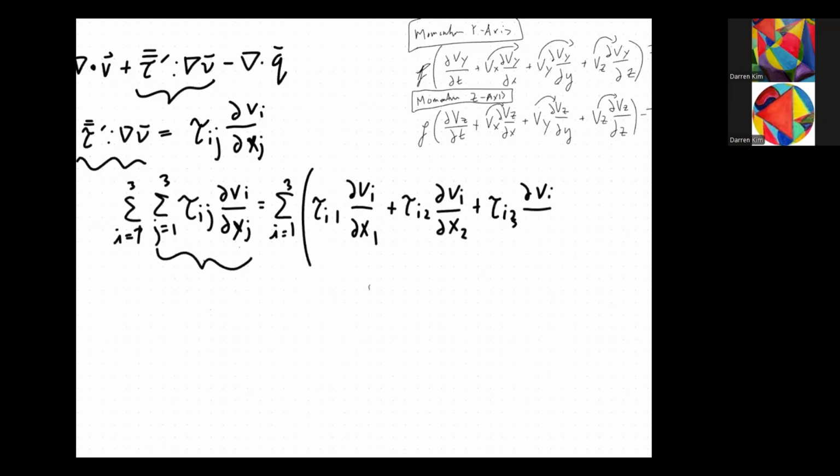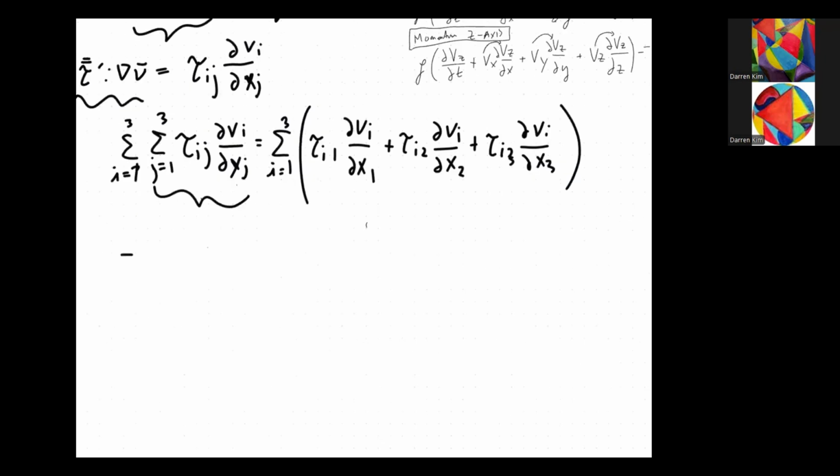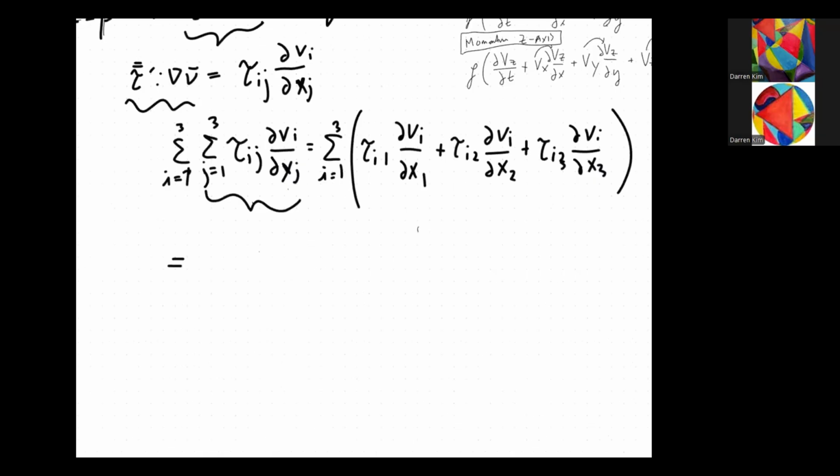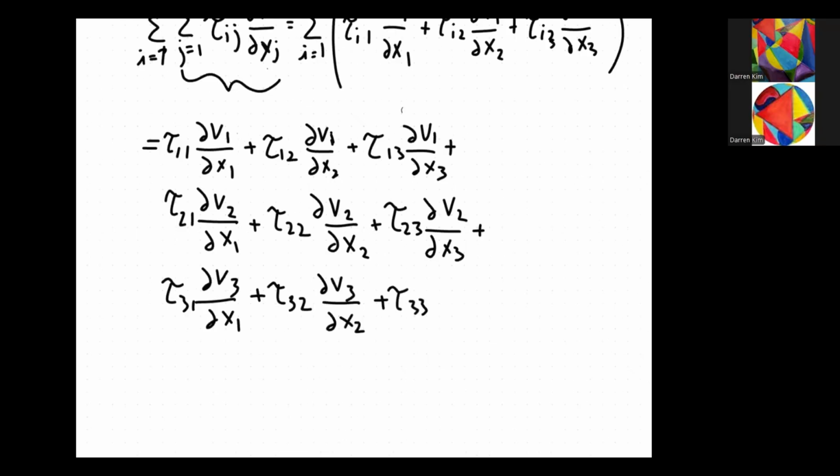X3, okay, and then this is supposed to be equal to tau 1,1 V1 over X1 plus tau 1,2 V1 over X2 plus tau 3,3 V3 over X3. Now here's a little bit of a sanity check.